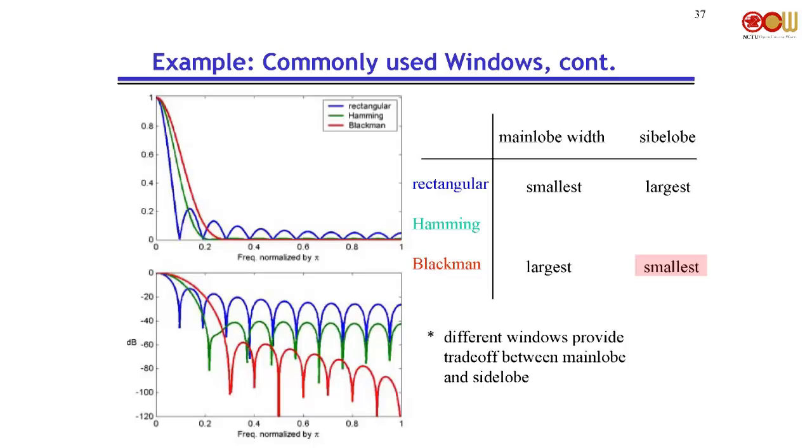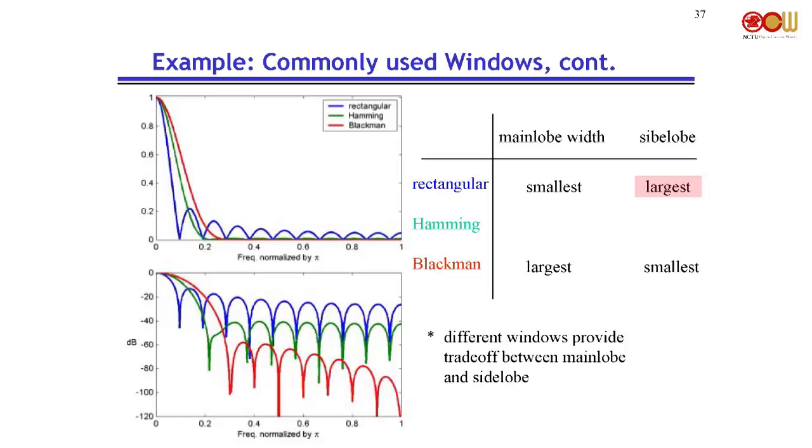So when we look at the main lobe and the side lobe, in terms of main lobe, the rectangular has the smallest, and the Blackman has the largest main lobe width. In terms of side lobe, the red one has the smallest. So Blackman has the smallest side lobe, and the rectangular window has the largest.